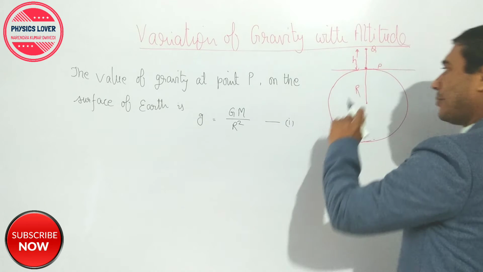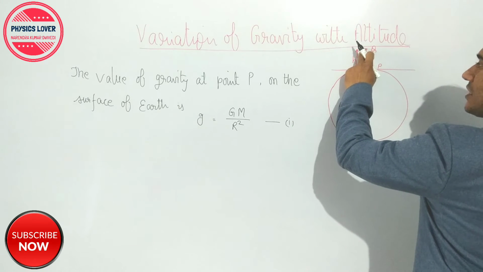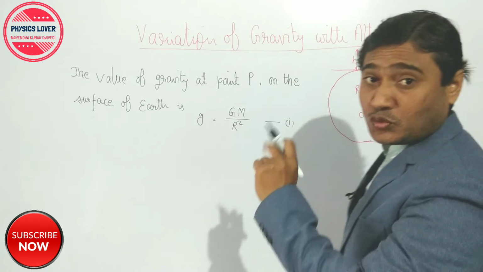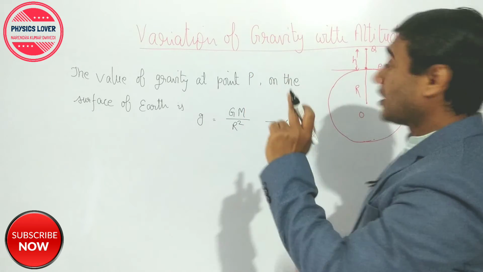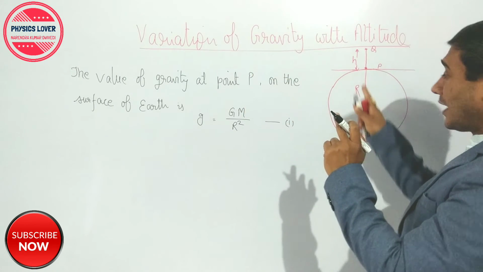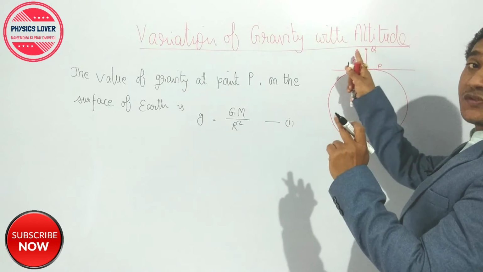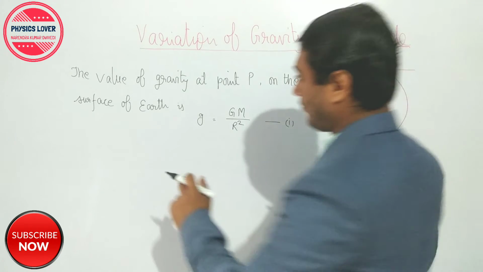Now I will write the value of gravity here at point Q, which is H from the surface of the ground, and at R plus H from the center of the earth.